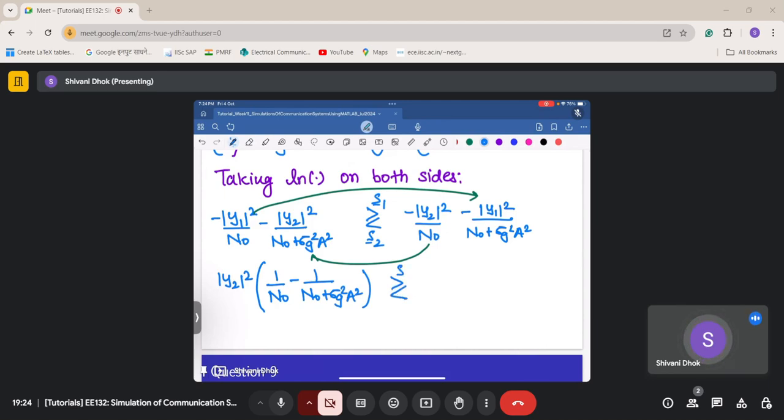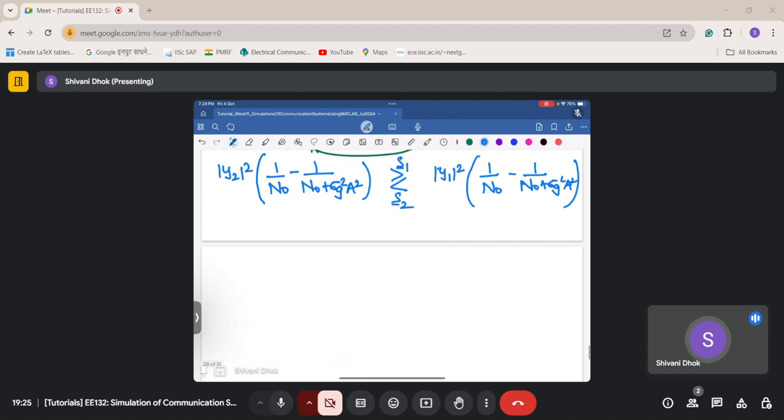If this is greater, then I have s1. If it is less, then I have s2. Magnitude of y1 square inside the bracket, again 1 over n naught, same term, minus 1 over n naught plus sigma g square a square. Let us simplify this term. These are common terms on both the sides, but just to understand what the sign of this term is, we have y2 square, then we will have n naught plus sigma g square a square minus n naught upon n naught plus sigma g square a square.